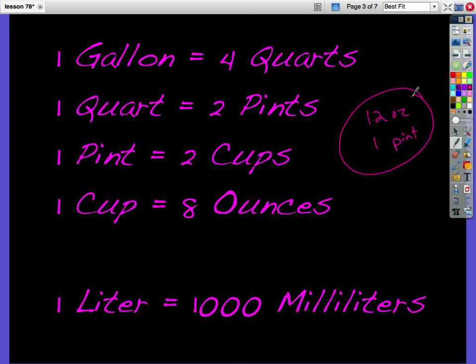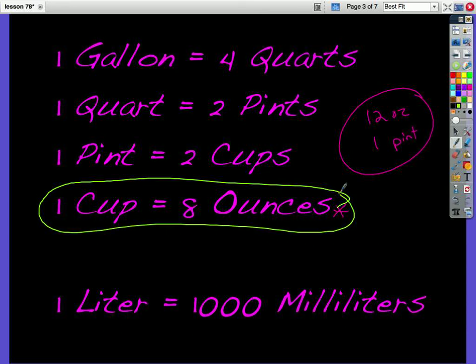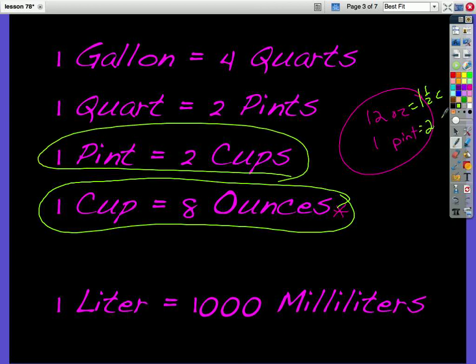So we said 1 cup is equal to 8 ounces, right here. Okay? So if we figure that out, take 8 ounces out of 12, we're going to end up with 4. So this 12 ounces is going to be the same as 1.5 cups. Now a pint, right here it says a pint is 2 cups.